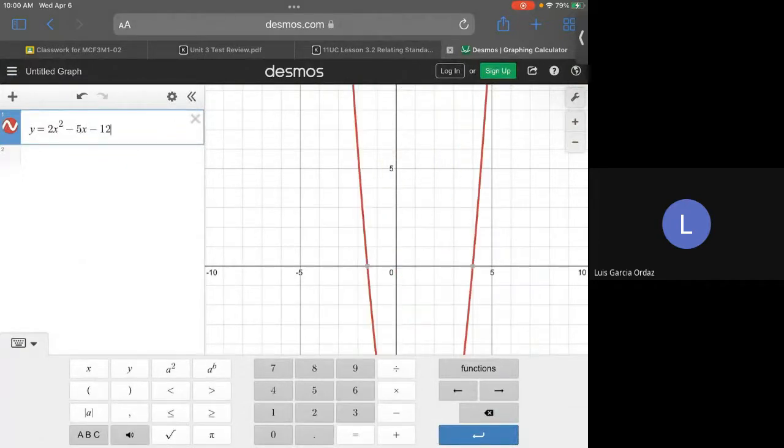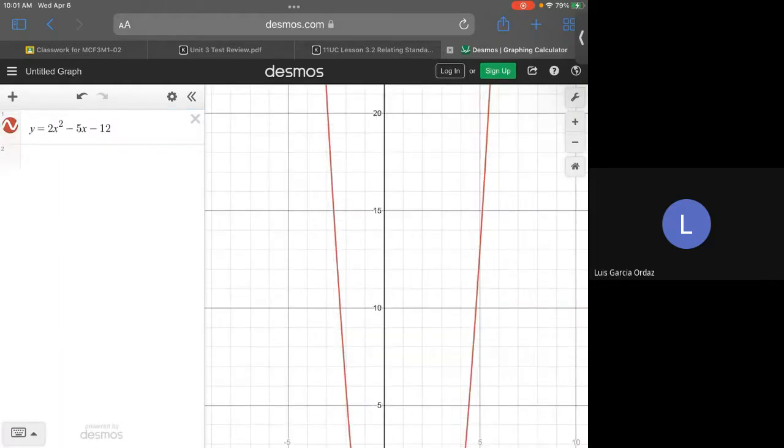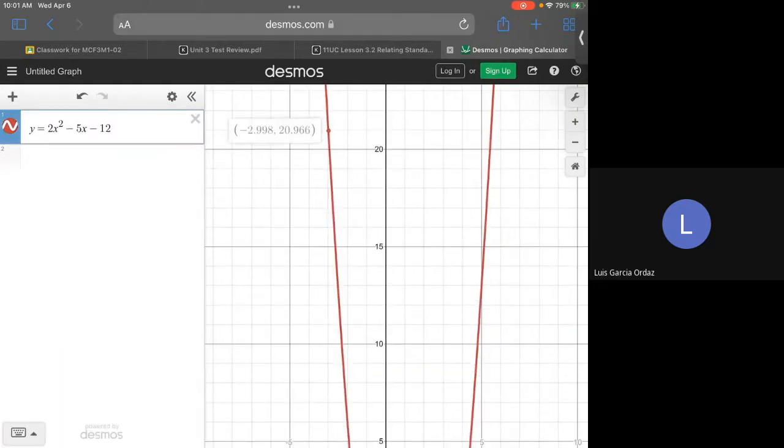Okay. So let's find negative 3, which is somewhere here. What is the y value when x is negative 3?